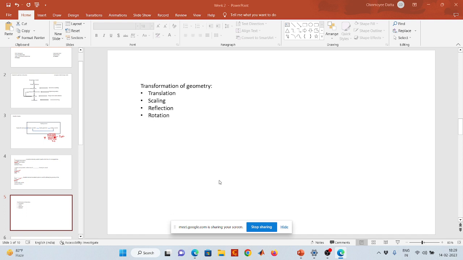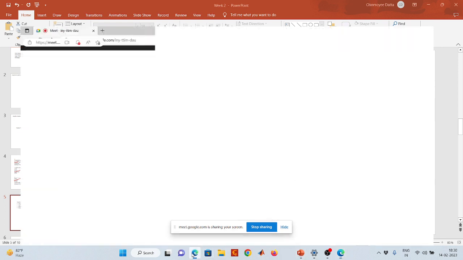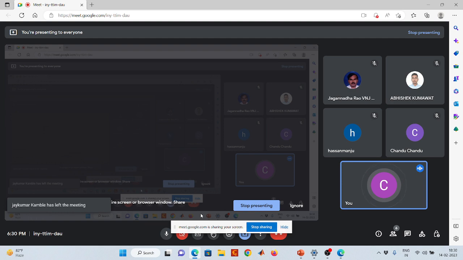Then reflection and rotation, anyone is having any idea what is meant by reflection and what is rotation? I think reflection may be making the copy of one object, a mirror drawing or sketch. Yes, mirroring, it's similar to that.